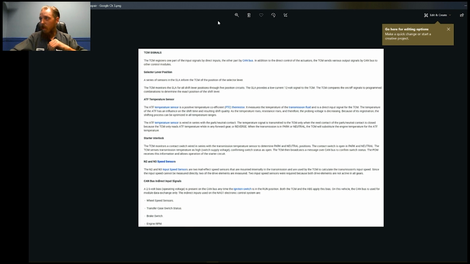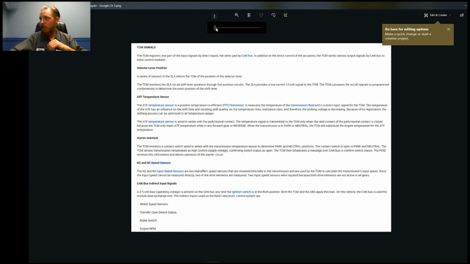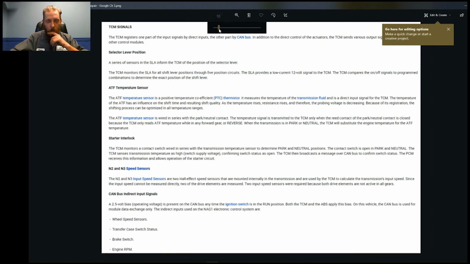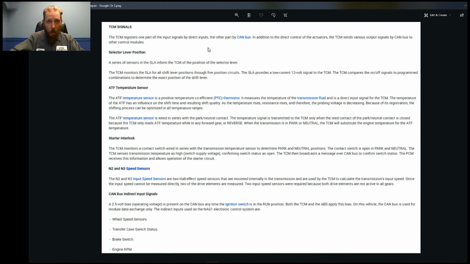So let's zoom back out of here, and let's go to our TCM signals. The TCM registers one part of the input signals by direct inputs, the other part by CAN bus. So once again, they're rehashing what we've already seen, and this is where, in my critical analysis of service information class, I say things like headers and subheaders are a really good way to delve into what you want to see.